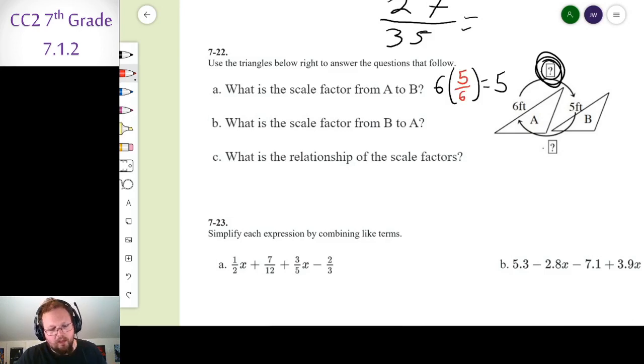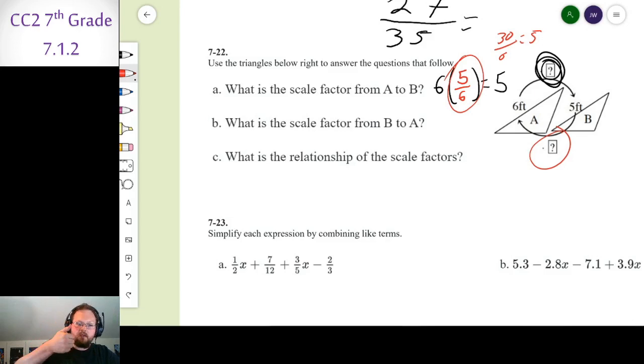And when I multiply 6 times the 5/6, what's going to happen is I get 6 times 5 is 30 divided by 6, which is back to 5. So you're going to find that these are reciprocals of one another. If you don't remember the word reciprocals, it is them flipped of one another. And that's the answer to part C, actually. Okay.